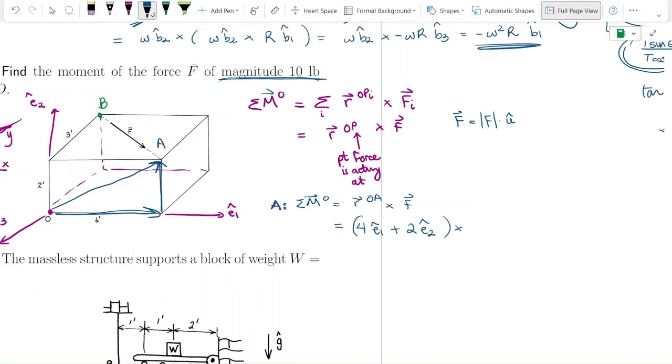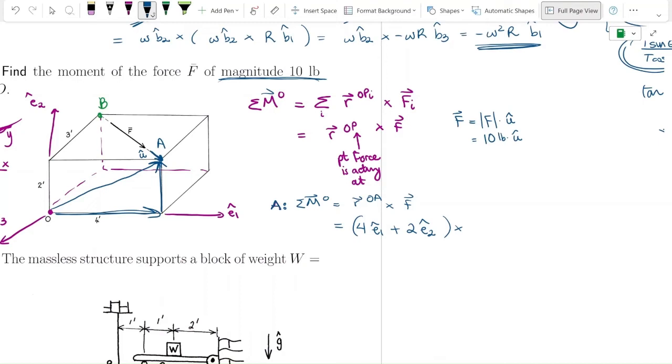So in this case, our unit vector u is in this direction, right? So the force equals 10 pounds times u. It's magnitude 10 pounds, and the unit vector is in this direction.